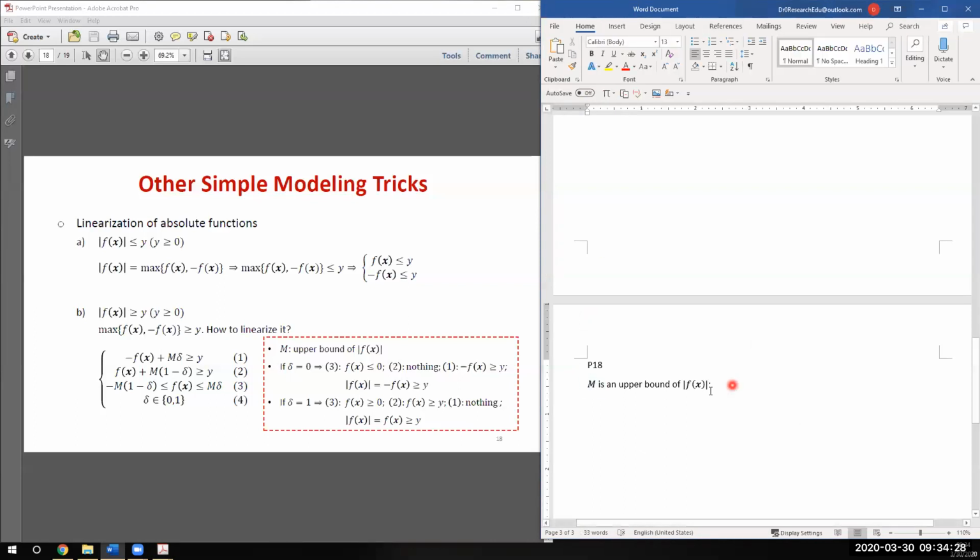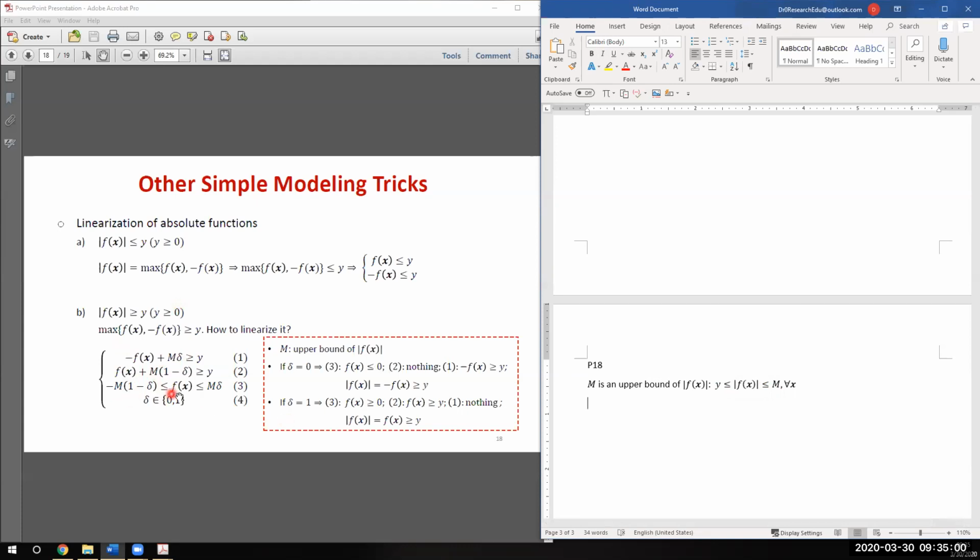So this gives you that your f(x) is always less than or equal to M for any x, right? And you also have f(x) greater than or equal to y. So that, of course, I have M is greater than or equal to y. So this one is always correct. The second constraint, f(x) plus M is greater than or equal to y, is always correct.